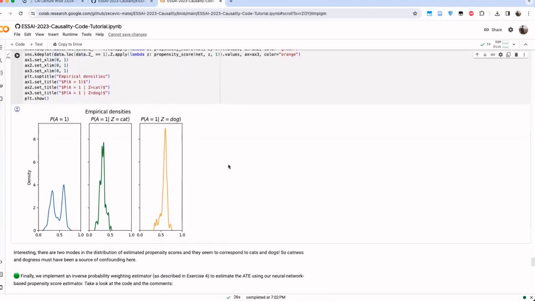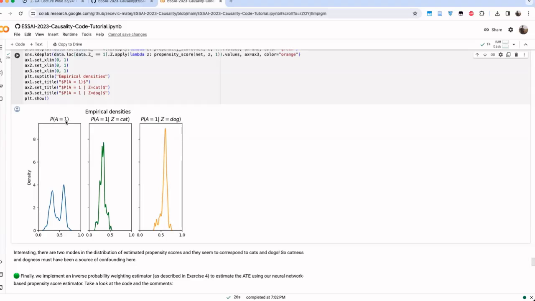So this is a bit more complicated plot than the ones we have seen before. So let's look at how we interpret this. We have three plots, right? And these are empirical densities. Now, what are these densities? So let's focus maybe on the left-hand side first, the blue one. What we see here on the x-axis is the probability of getting treated, right?